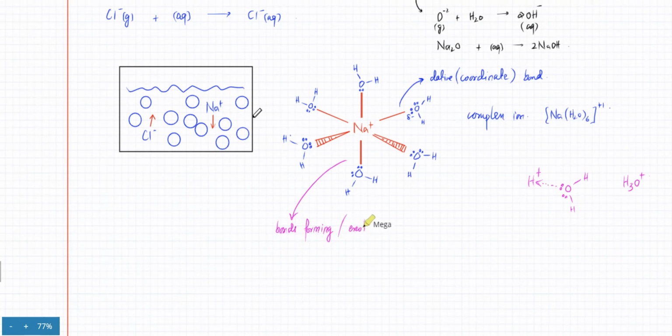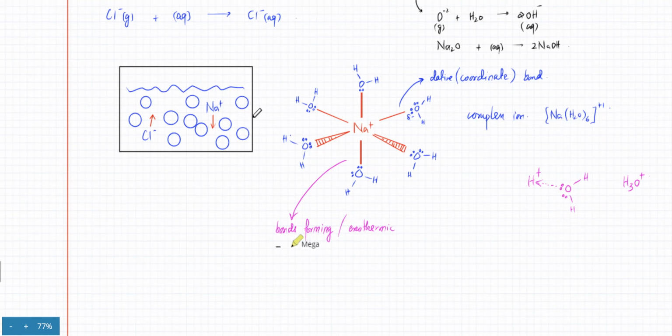So when do you think an ion would form stronger bonds? Which ions would form stronger bonds? The ones that have the capacity to form more. But let's talk about which bonds are stronger. Smaller atoms make stronger bonds or bigger atoms?